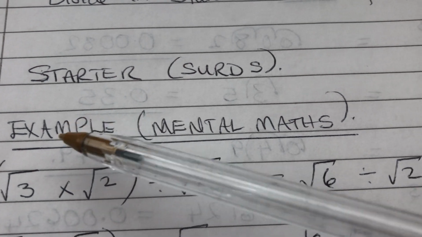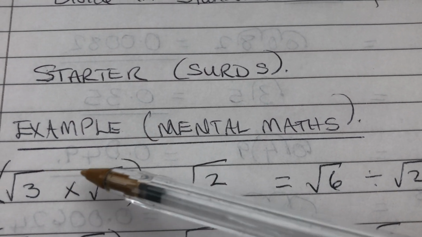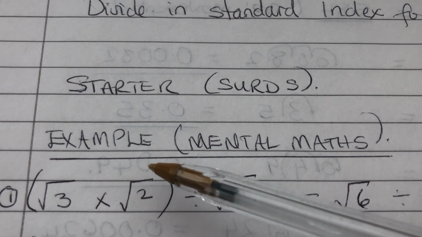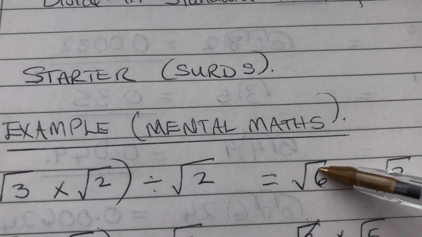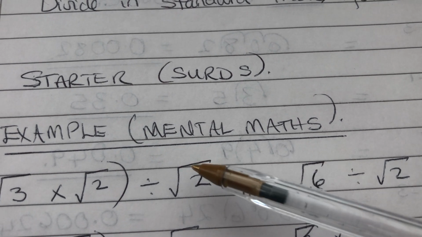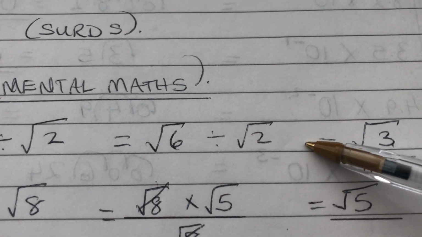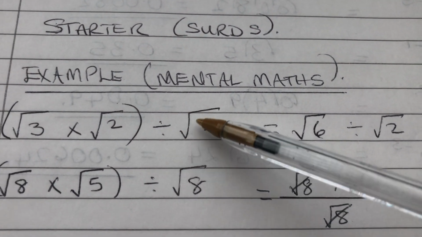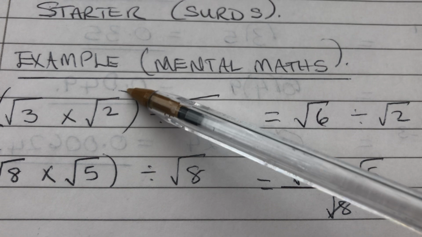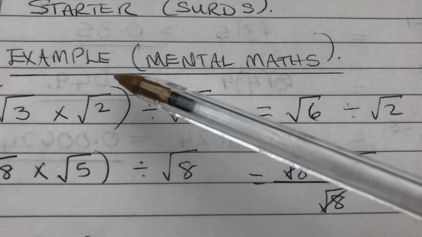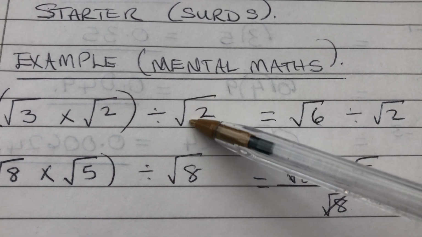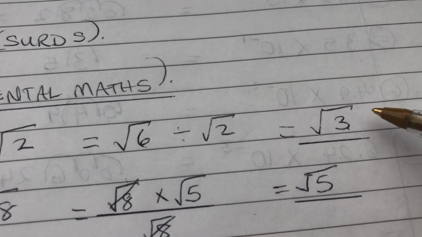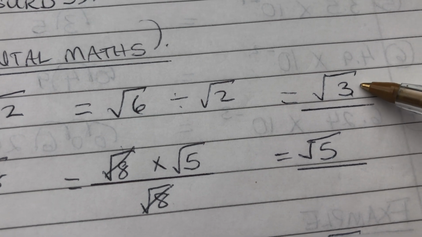So immediately you see this, you need to do the bracket first. Root 3 root 2 is root 6 divided by 2. Or you can take 2 out. Square root of 2, square root of 2, you cancel it out, and then you are left with root 3.